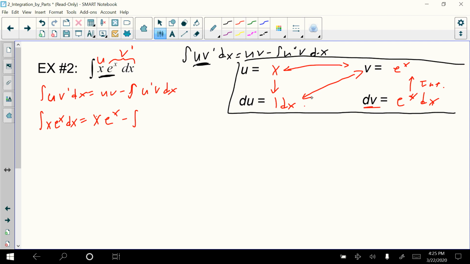Instead of saying u prime v, it would be easier to say v times u prime dx. And that will give me e to the x times 1 dx, like so. Okay. So now we just work through the problem and see what we wind up getting. Well, x times e to the x, there's really nothing that we can do with that.